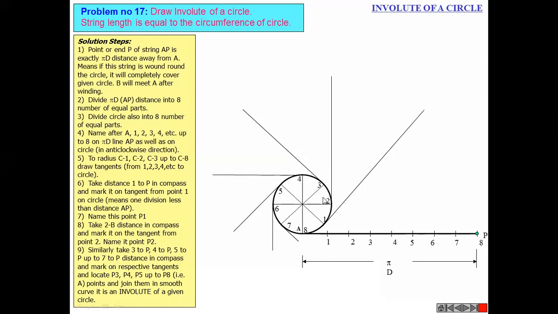So for that, we will take distance equal to 1 to 8, that is radius equal to 1P. We'll put our compass on 1 and mark on the tangent at A, that we will name P1. Then for the next step, distance will be from second point 2 to 8.